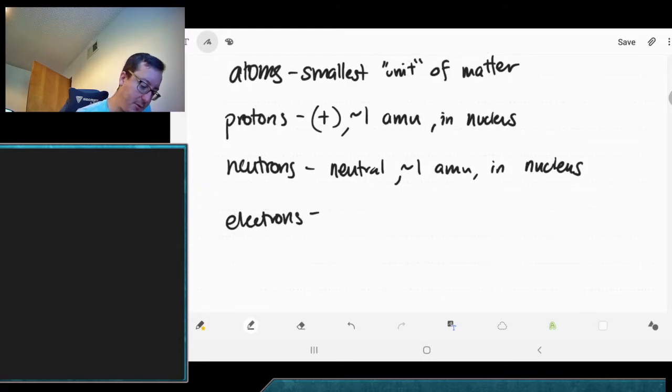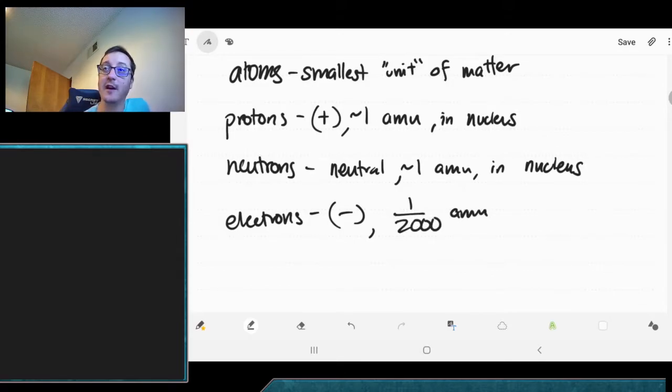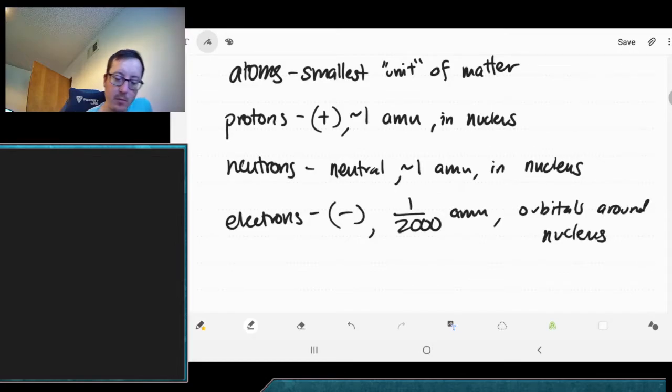And then electrons are negatively charged. They have a mass of 1 over 2000 AMU, so 0.0005 AMU, so very, very small. And they are in orbitals around the nucleus. Or, as you'll probably remember from middle school, you might think of them as orbits.